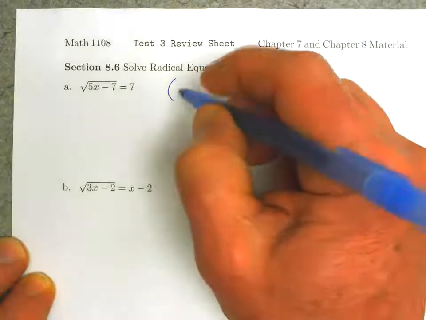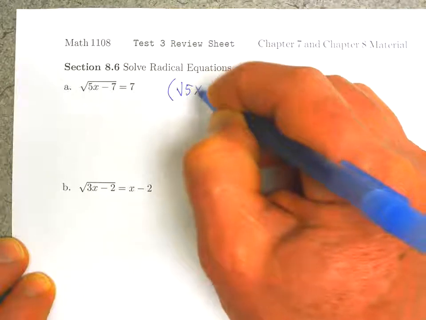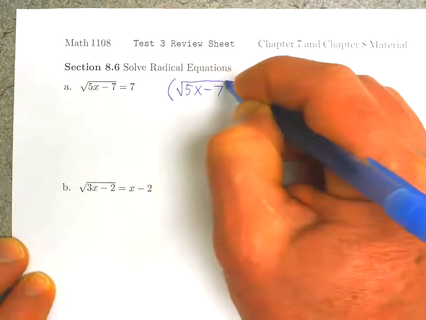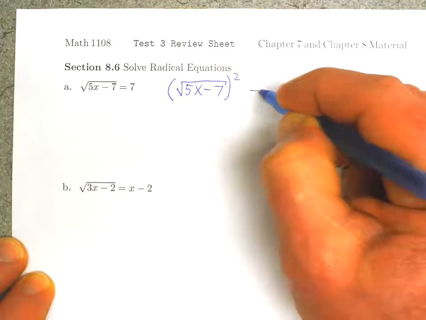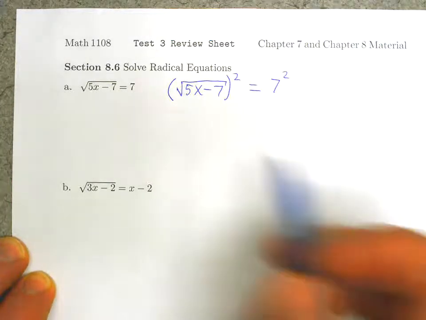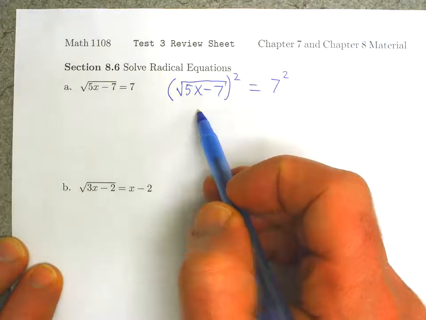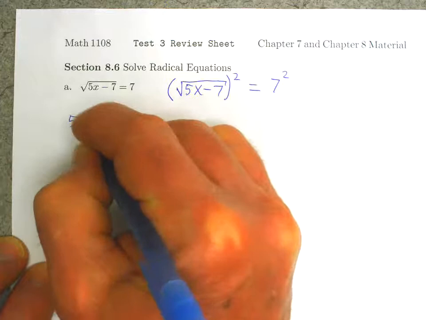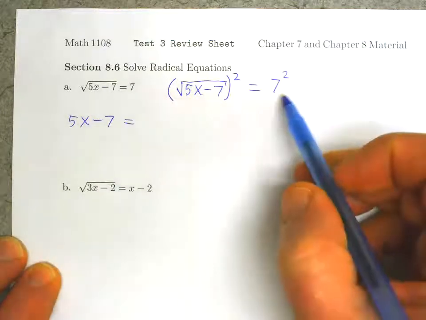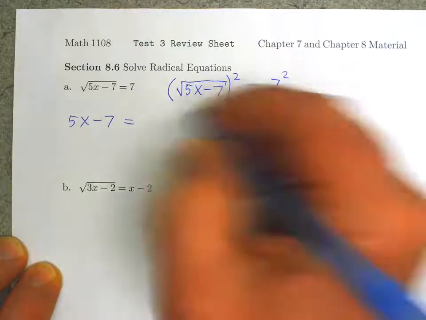So if we square the left-hand side, we're going to square the square root of 5x minus 7. We must also square the right-hand side. And when we square the square root of 5x minus 7, we're just left with 5x minus 7. And when we square 7, we get 49.